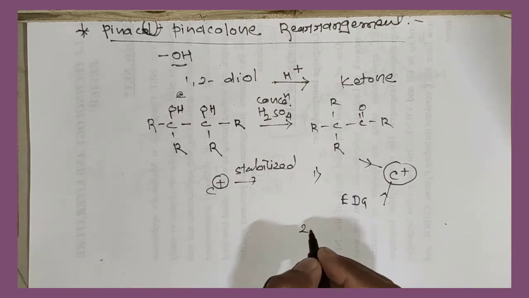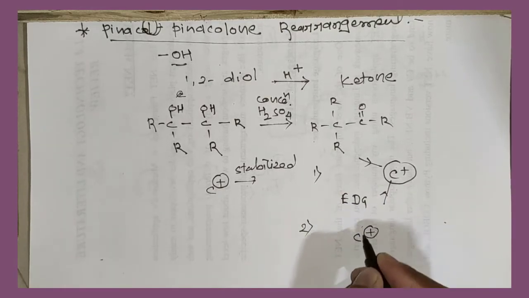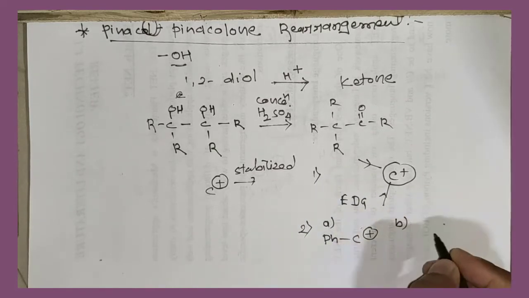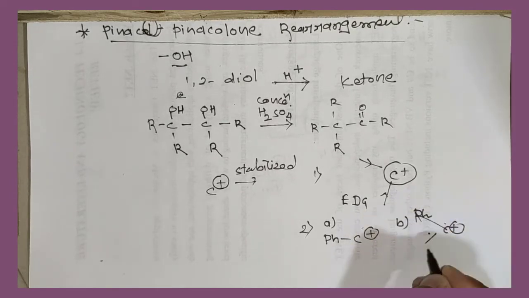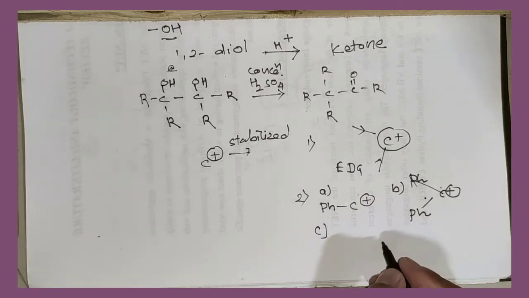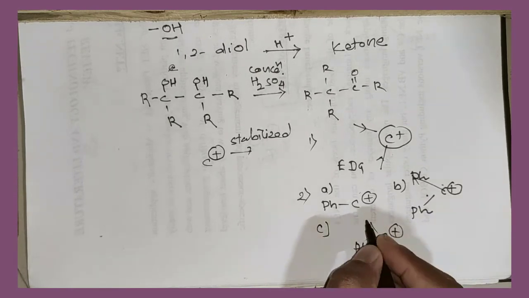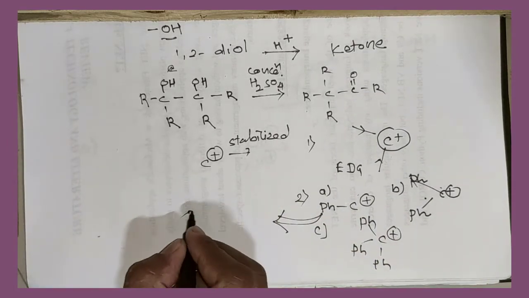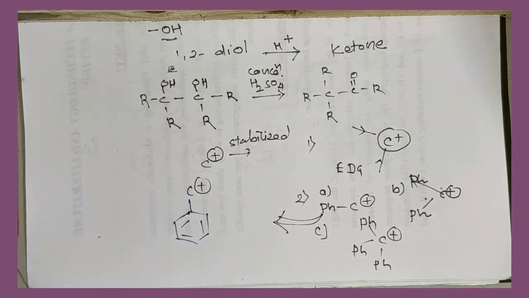Now the second way is that, suppose I am giving three examples. For example, A is one carbocation attached with one phenyl ring. The second one is one carbocation attached with two phenyl rings, so one Ph, second Ph. And the third case is one carbocation attached with three phenyl rings. Suppose we zoom out this species: here is a benzene ring attached with this carbocation.